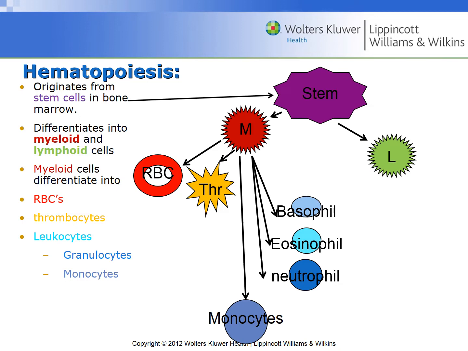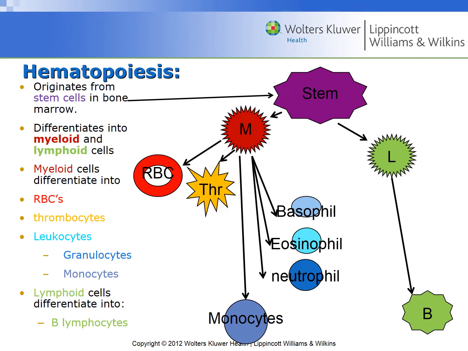In bio, you'll be finding out that the cells that actually produce the platelets are called megakaryocytes, which then are broken down into thrombocytes or platelets. Lymphoid cells, you have your B's and your T's.